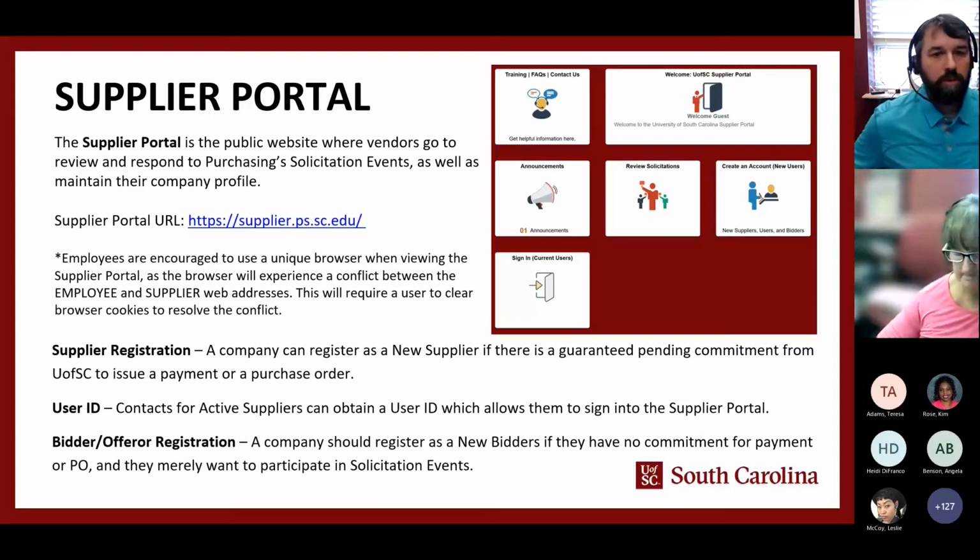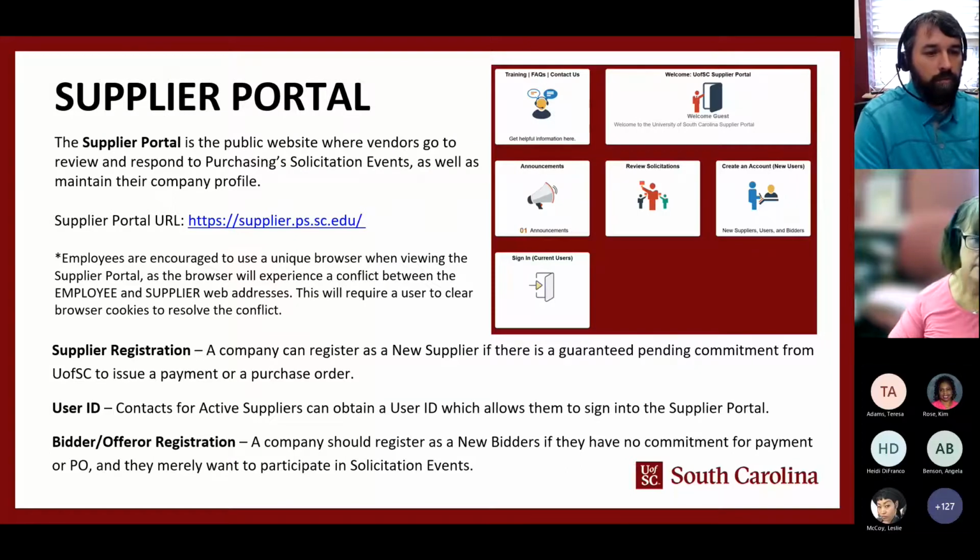And this is where the supplier portal helps them make those changes whenever something changes in their own structure. I put a little asterisk here about the fact that if you use the supplier portal to look at solicitations, whether you're in the department or you're in the public world, if you're an employee of the university, you're going to be using PeopleSoft to do financial transactions or human resources HCM transactions, or viewing that information in a browser.